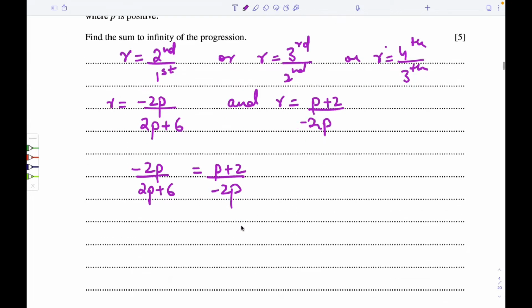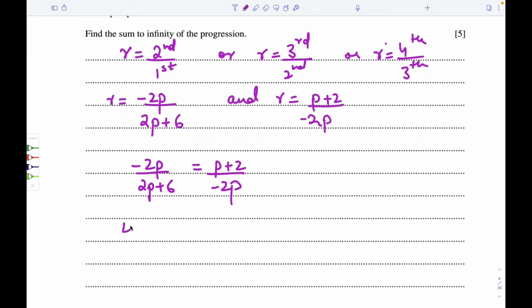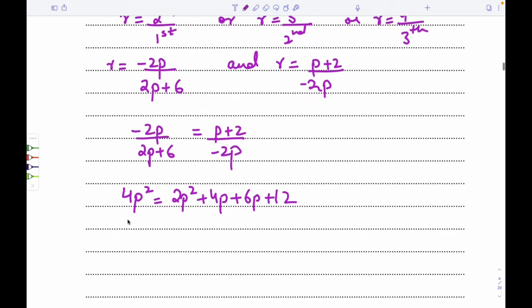Solving this, we get −2p into −2p, which is 4p squared, equal to (2p + 6) multiplied by (p + 2), which becomes 2p squared + 4p + 6p + 12. Simplifying this, 4p squared − 2p squared is 2p squared, and 4p + 6p is 10p.